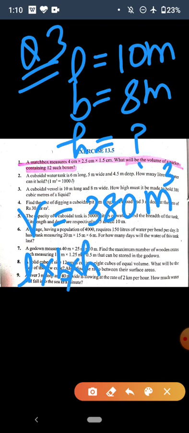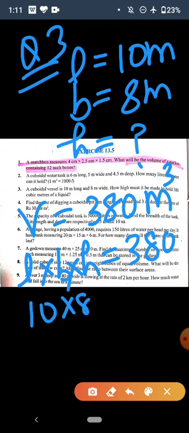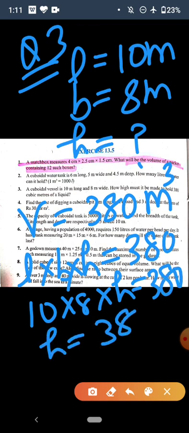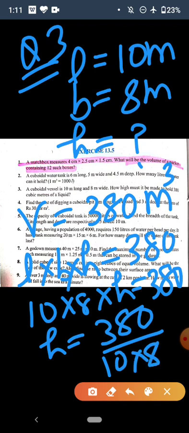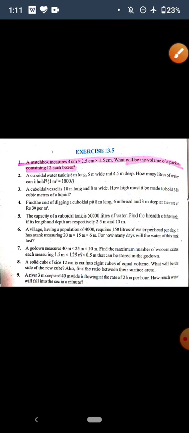That is L into B into H, that is 380. Now L is 10, B is 8 and the height we can calculate. By simplifying, you can take these numbers in the denominator and find it. Remember that whenever any question comes, you have to check the units also. By using this formula, you can calculate the height. You can take a screenshot by pausing the video.